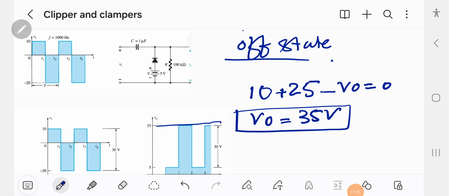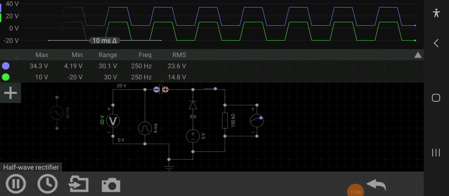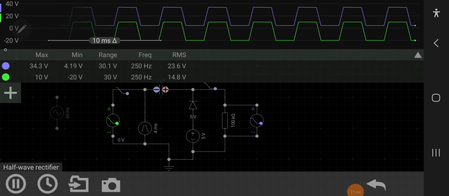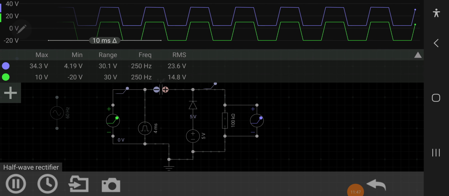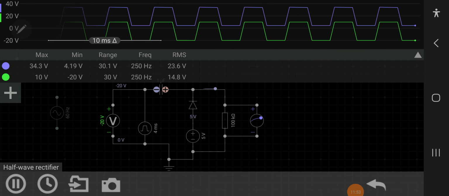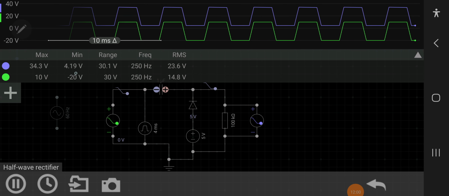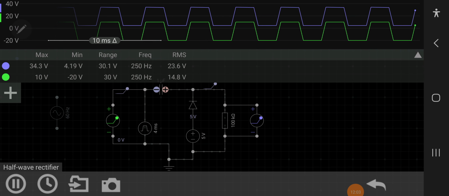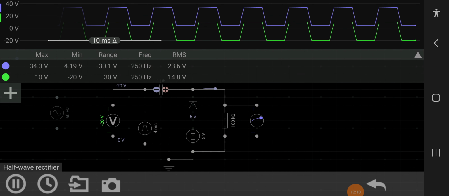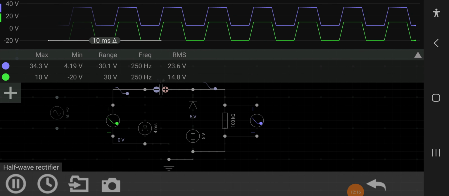So let's see the simulation of a clamper. Now if we look into the waveform of this network, the input voltage is from minus 20 to plus 10, and we are getting an output voltage with a constant value of 4.19, which includes the voltage drop across the diode and other potential drops, and a maximum output voltage of 34.3.